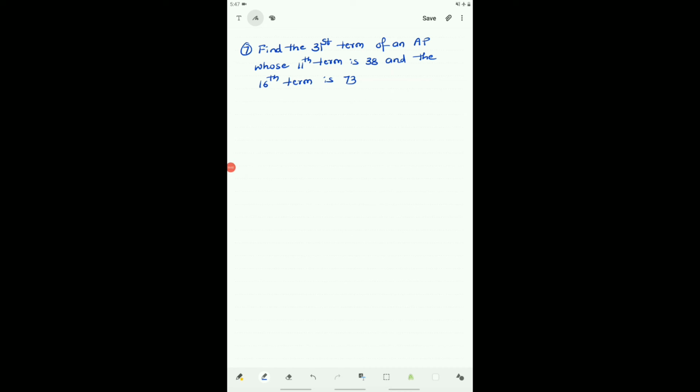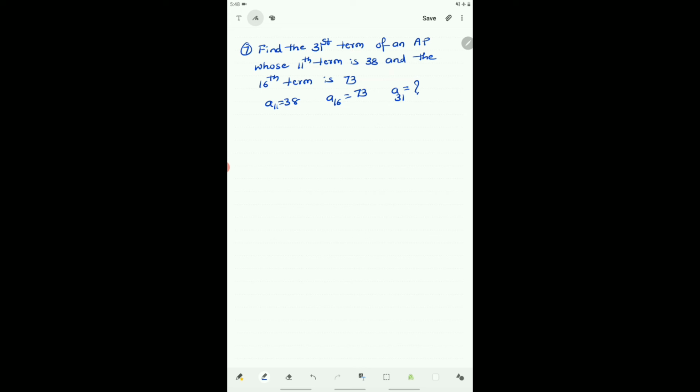Seventh question. Find the 31st term of an AP whose 11th term is 38 and the 16th term is 73. Here A11 is given, that is 38, and A16 is given, that is 73. 11th term is A11, 16th term means A16, and you must find out A31.